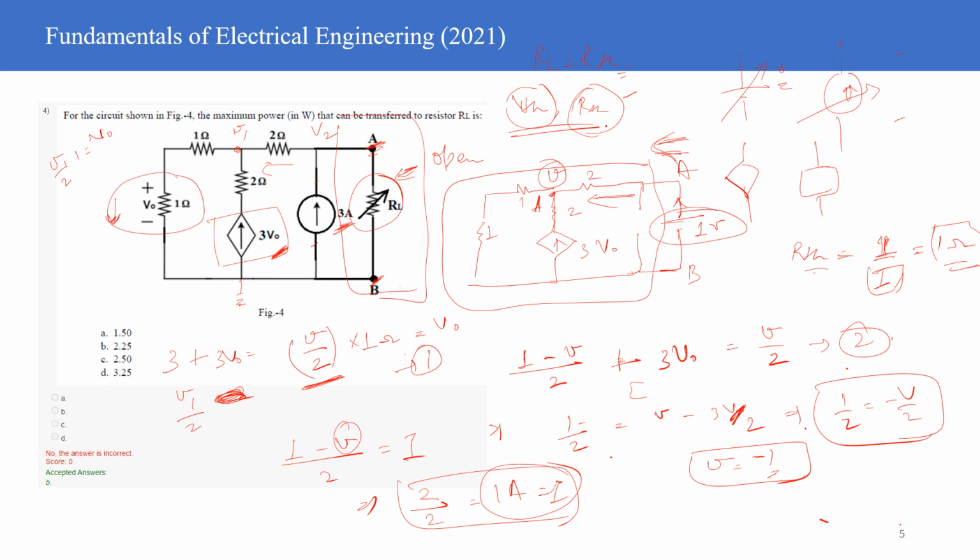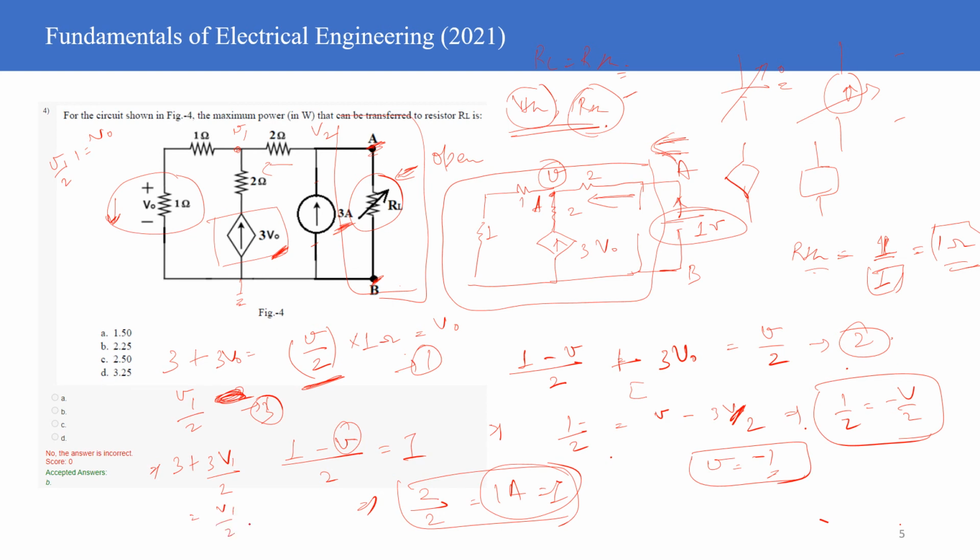Now you can substitute V naught in terms of V1. Let me call this equation number 3: 3 plus 3 times V naught, where V naught is V1 by 2, is equal to V1 by 2.